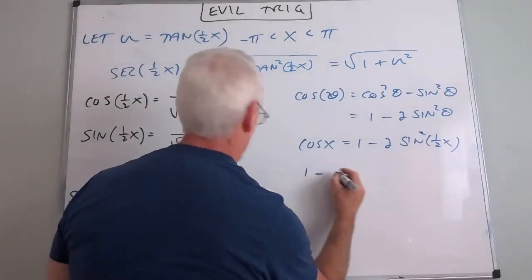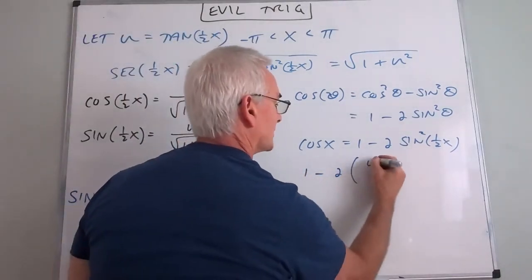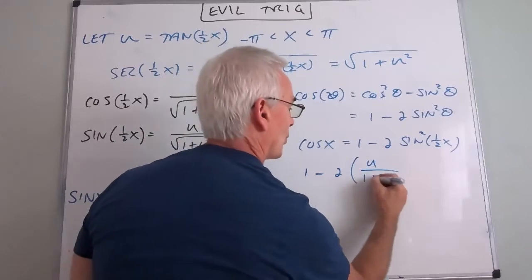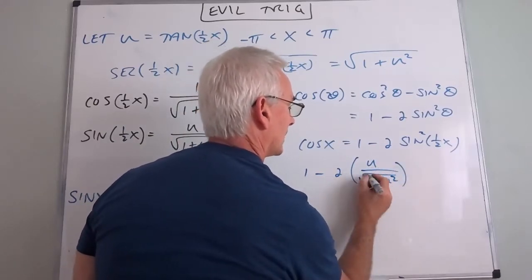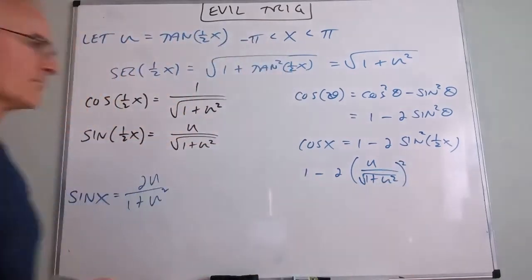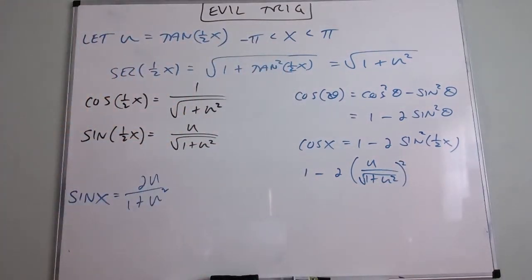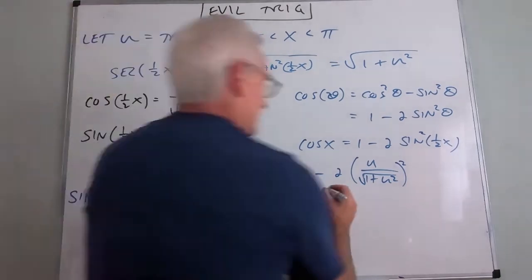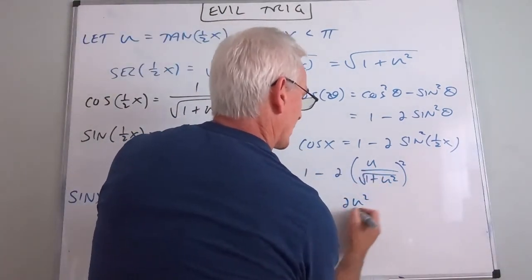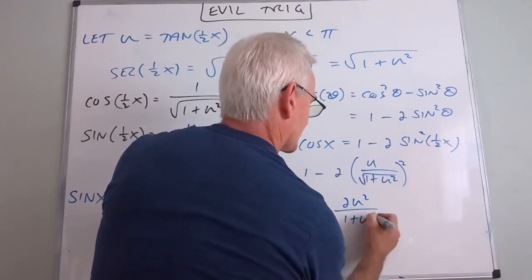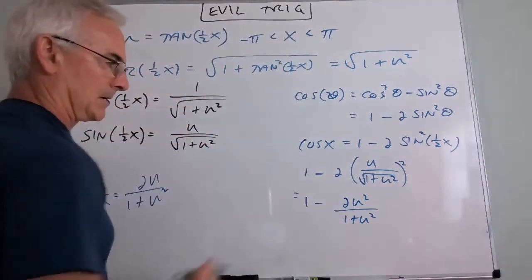So this would be 1 minus 2 times u over the square root of 1 plus u squared, squared. Well, one nice thing is I'm not going to have any square roots. So this will be 1 minus 2u squared on top, 1 plus u squared on bottom.